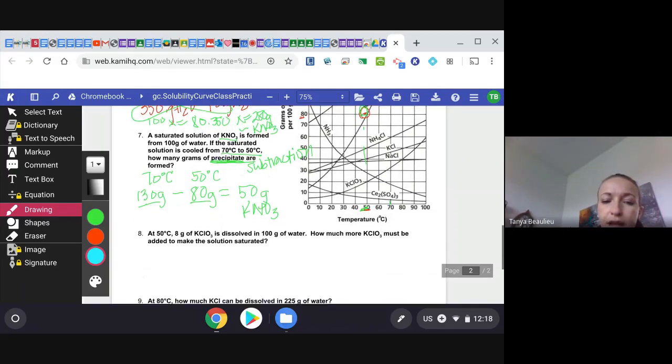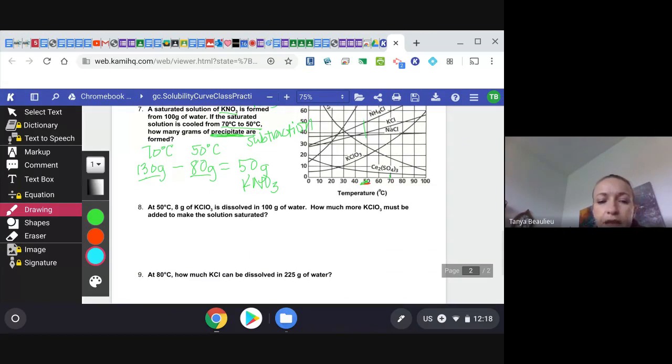All right, the next one here, number 8. At 50 Celsius, 8 grams of potassium chlorate is dissolved in 100 grams of water. How much more potassium chlorate must be added to make this solution saturated? So here our key phrase is how much more. When you see that phrase, that is also going to be a subtraction type problem.